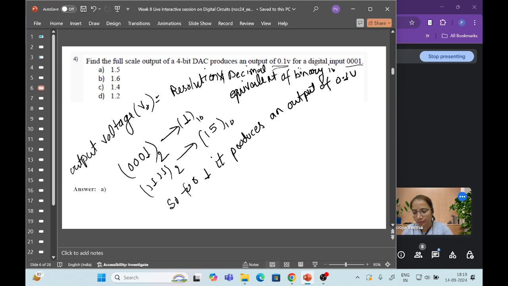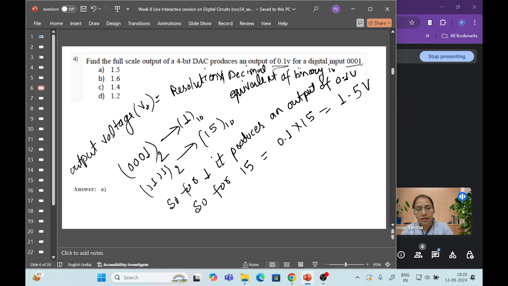It is given. So for 15, what will it produce? That is simply 0.1 into 15, because they are asking what will be the full scale. That is 1.5 volt. Okay.